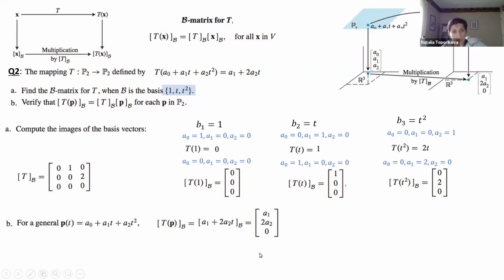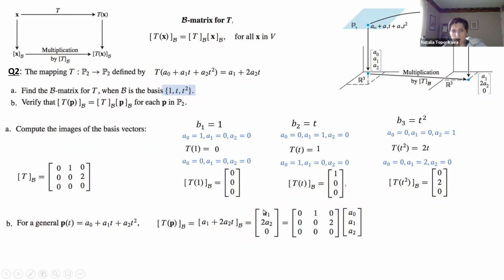So, will that vector be the same as the product of the B matrix for T by our vector P in B components? Let's try. Let's write down our matrix T B, multiplied by, again, our general vector P of T, which has 3 components, A0, A1, and A2.